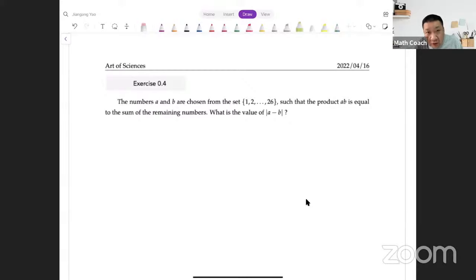After 35, 74 gets 5 points. After 74, 33 gets 4 points. Congratulations, 33. And 55 gets 3 points, also congratulations to 55.